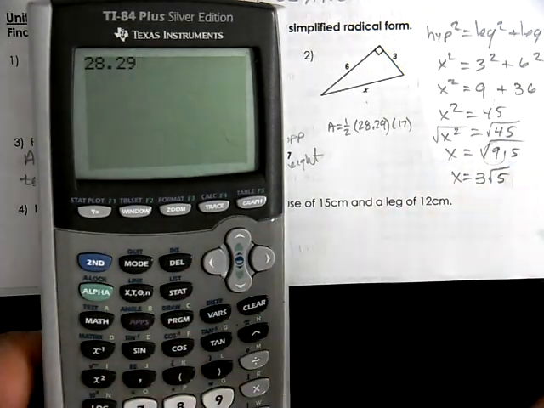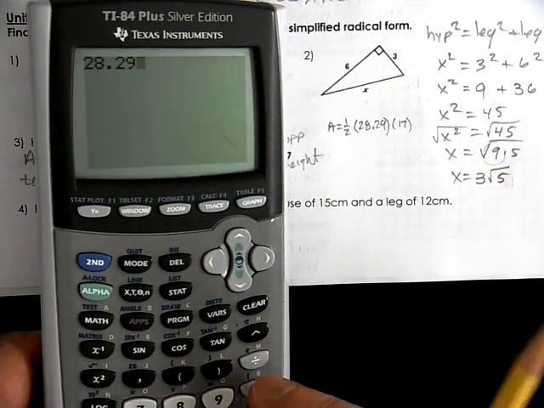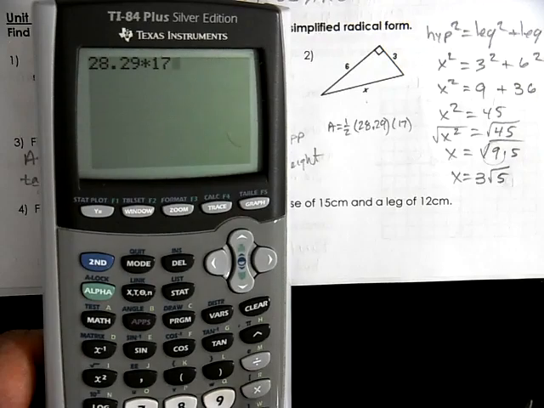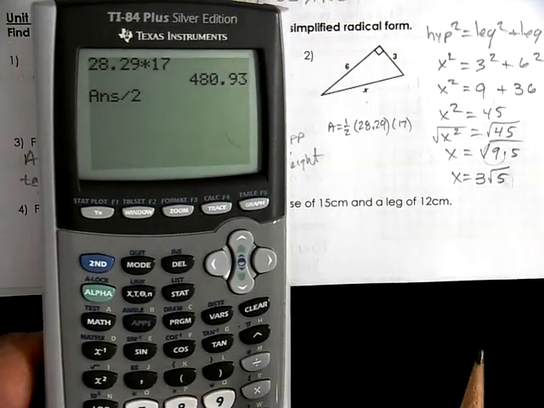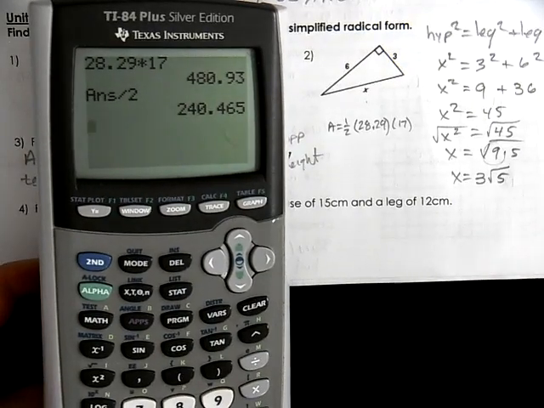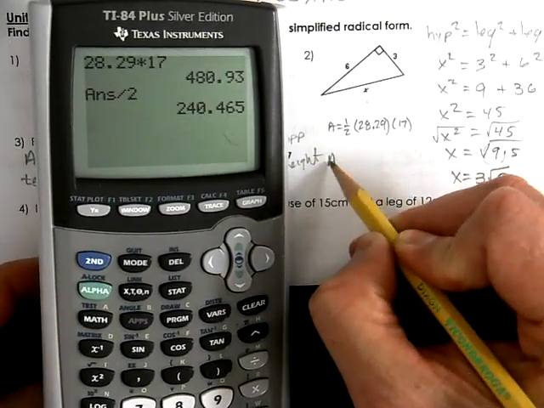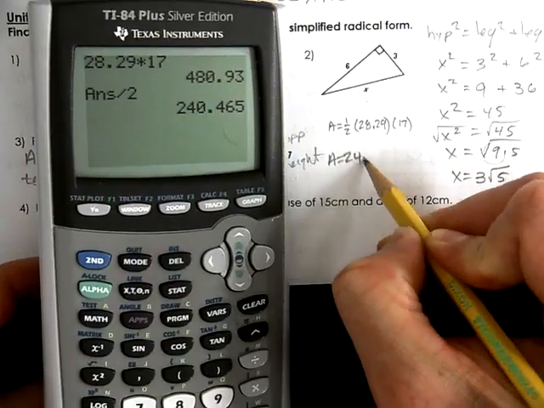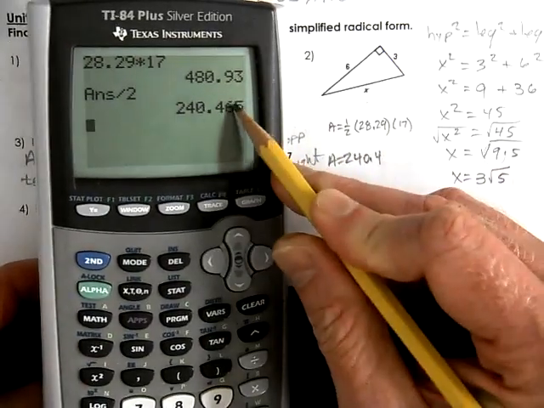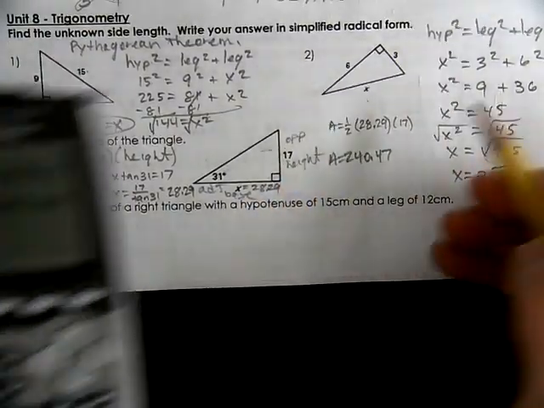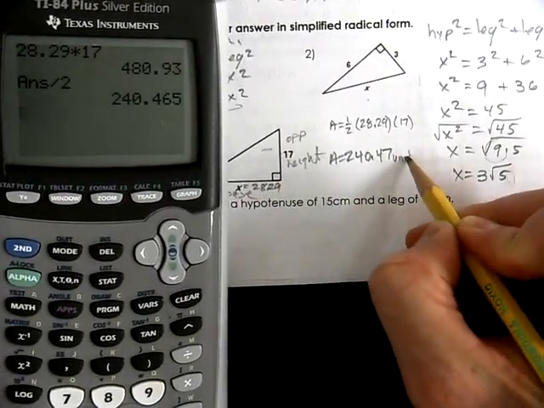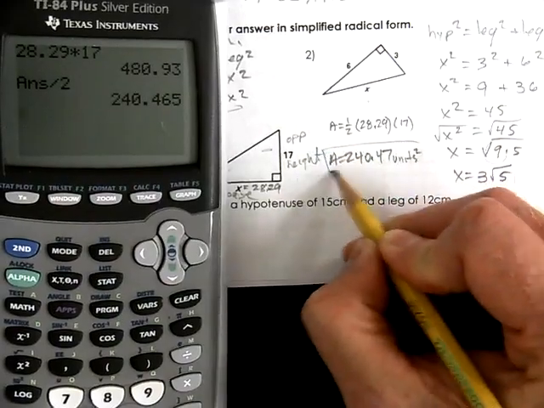You could use the previous number, that would be outstanding to do. Times 17, and we have to divide that by 2, or times it by 0.5, or times it by 1 divided by 2. Anyway, we get an area of 240.47, and these would be just units squared, square units.